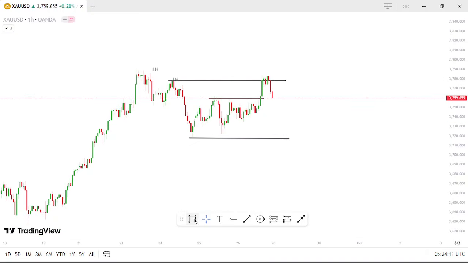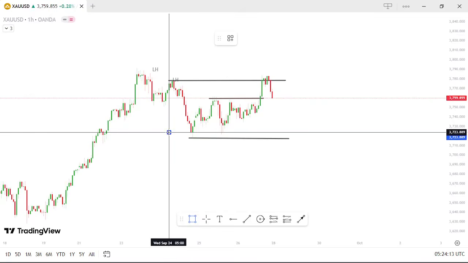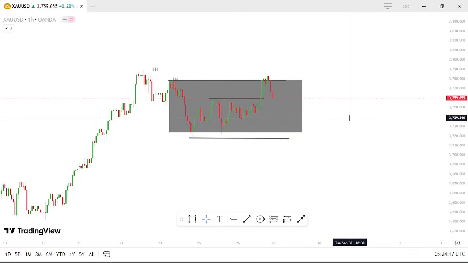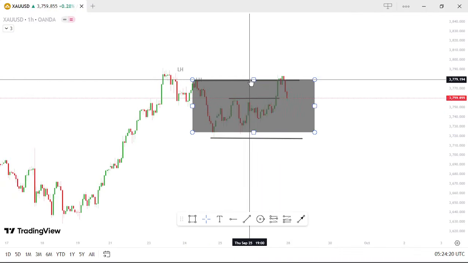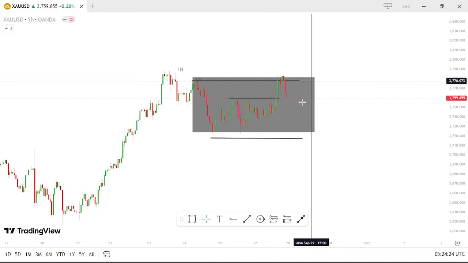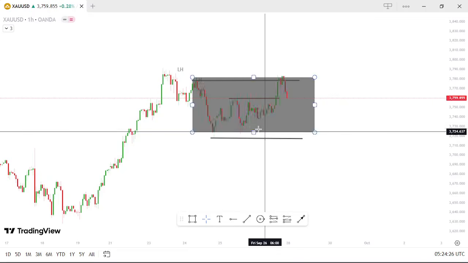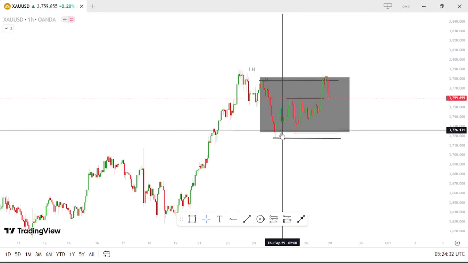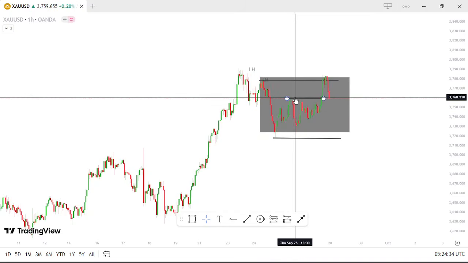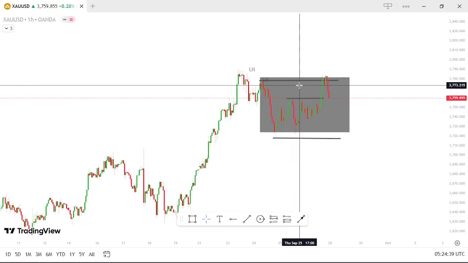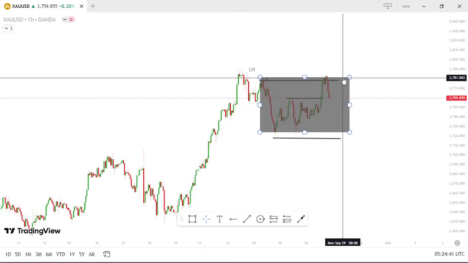This whole zone right here has become a no trade zone, where you want to wait for price to make a decision of where it wants to go. For me, I would say you only get into a trade when price is breaking under these levels, or above these levels. That's where a trade becomes valid in gold.